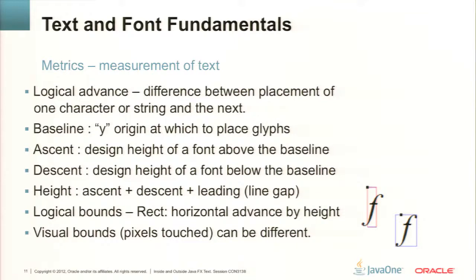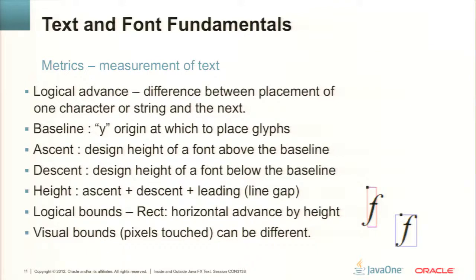And if you add these together, perhaps with a line gap, which in some fonts is 0 or infinitesimal, you get the overall height of each particular line. So the overall logical bounds is then the horizontal advance by that font height, right?